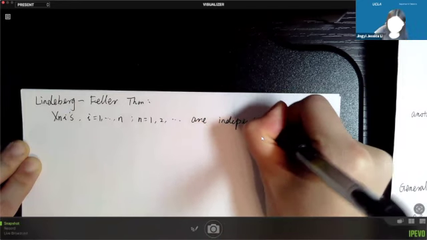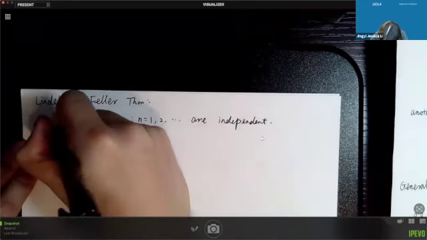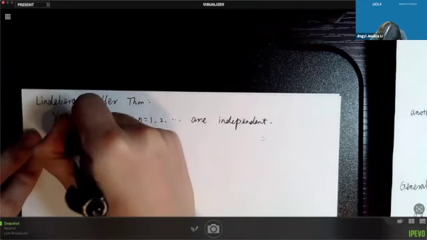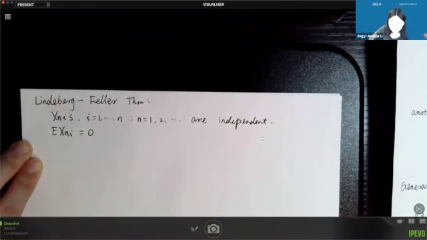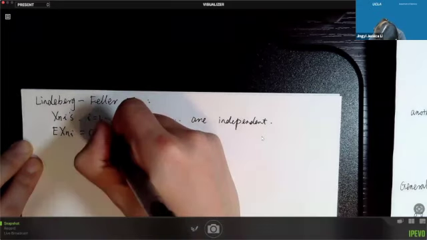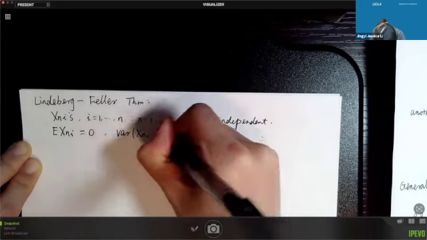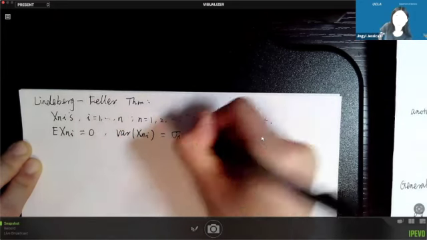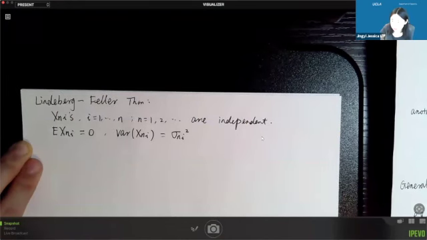The independence assumption is still a must. And we have each Xni centered, so its mean is 0. And we allow each Xni to have its own variance. We write it as sigma ni squared. So you see, this is how we drop the identically distributed assumption. We don't assume them to have the same variance, but each of them can have its individual variance.